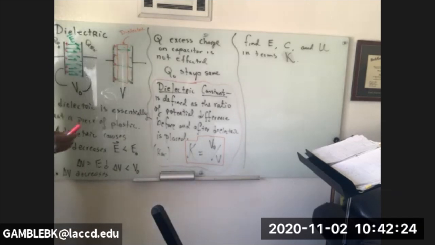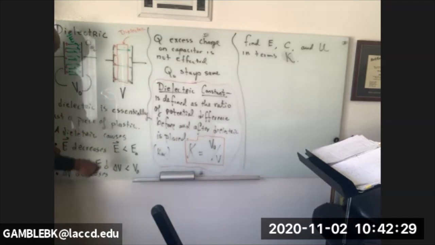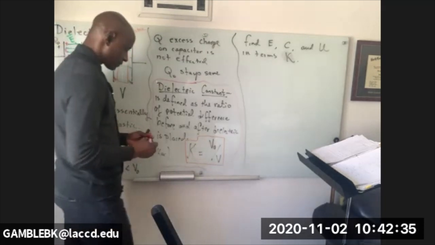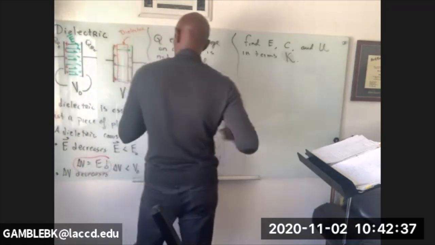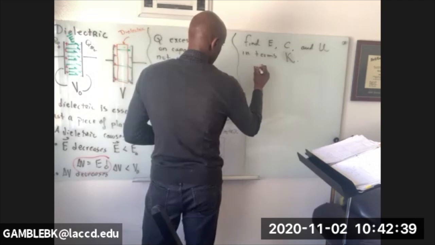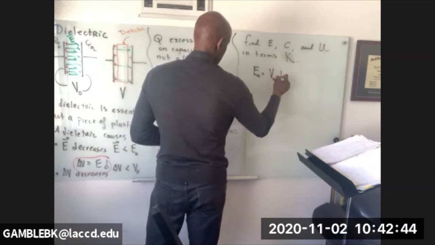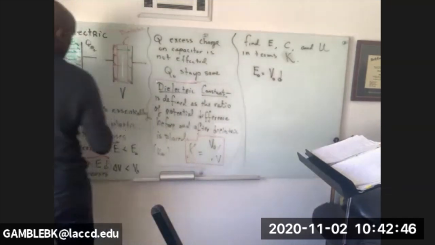Let me help you. It's actually this relationship here. If you look at the two, without the dielectric, you have E naught is equal to V naught over D. Now remember, D is the separation between the plates.